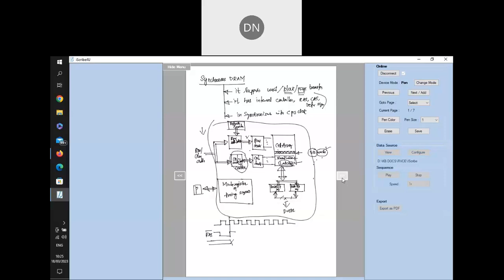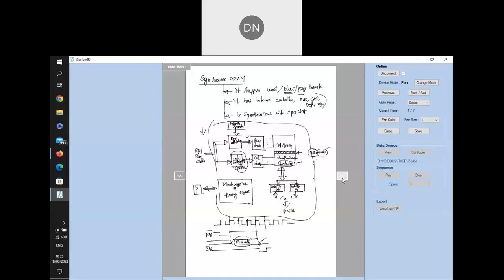Let's say the row address requires 1, 2, 3 clock cycles. The row address will be there here, so this contains the row address. After the 3 clock cycles, CAS will be generated, because 3 clock cycles are required for the row to be properly selected. Then it will generate one CAS signal for one more clock cycle, and then we generate the column address.